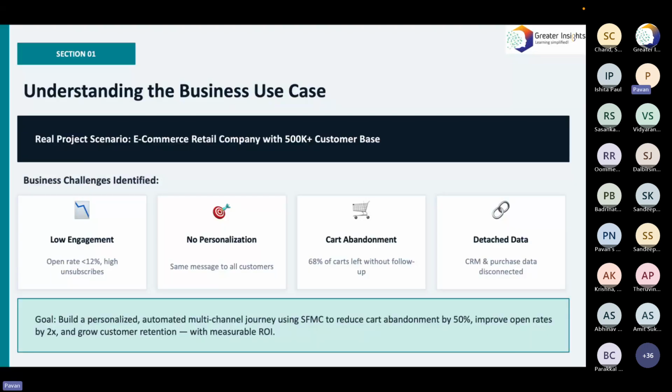So, understanding the business use case. Tell me, how many of you have an understanding of what Salesforce is, or what exactly a use case is? I want this to be a very interactive session, so I want you to open up about how much you know.